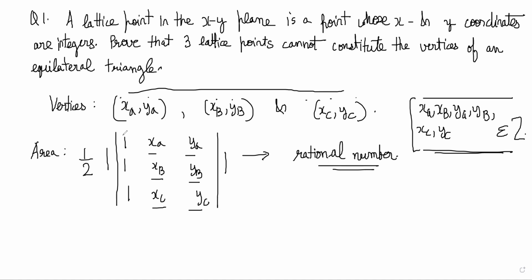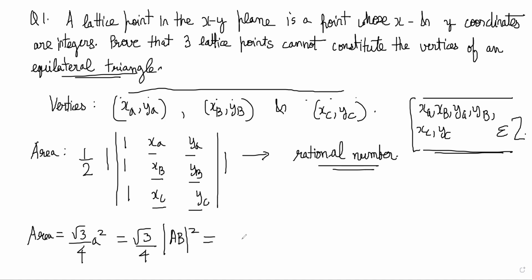Also, since we have been given that this triangle is an equilateral triangle, the area can also be written as root 3 by 4 a square, where a is one side, right? Root 3 by 4 times, let's say, AB square. So what is AB square?